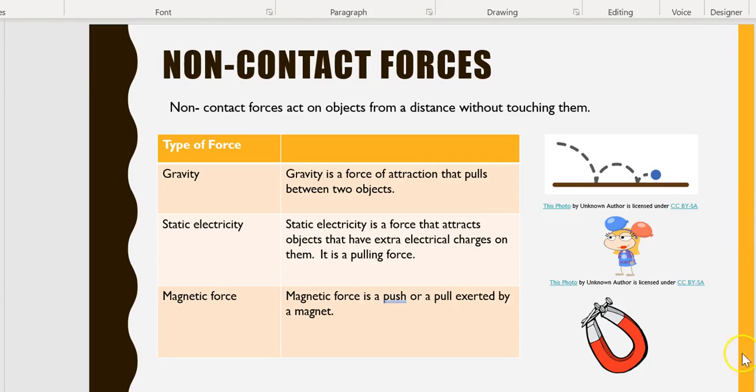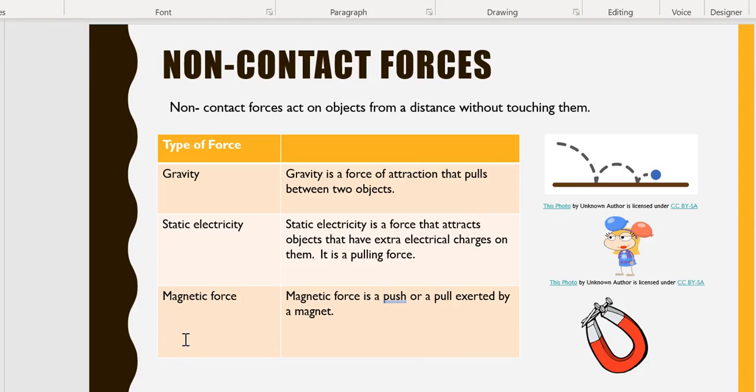Static electricity is another kind of non-contact force. Static electricity is a force that attracts objects that have electrical charges on them. It's a pulling force. Now you get static electricity when you rub a balloon on your head, and you can see that the girl has rubbed balloons and the static electricity is now pulling the balloon to her head. A magnetic force is a third kind of force.